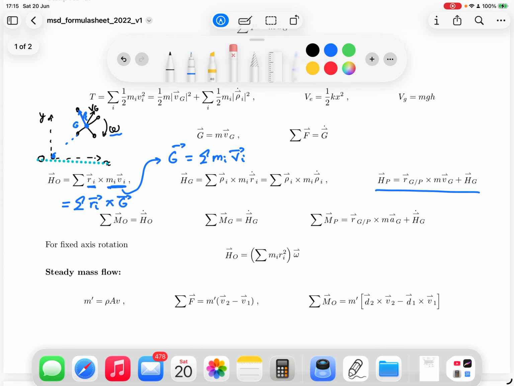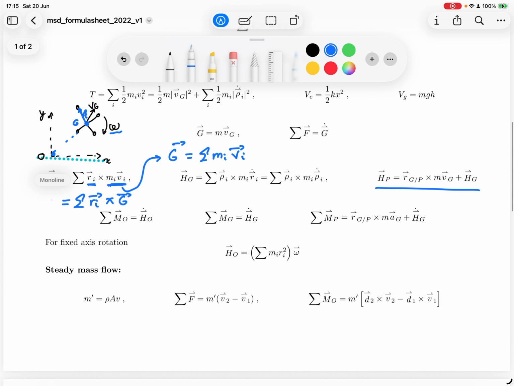And if we do that, we can define angular momentum, right? So yeah, I hope that kind of makes sense. That's what I mean by the moment of momentum. We're literally just taking the momentum and crossing it with a unit vector. And you can kind of think of it as the momentum will cause a moment about a specific point.